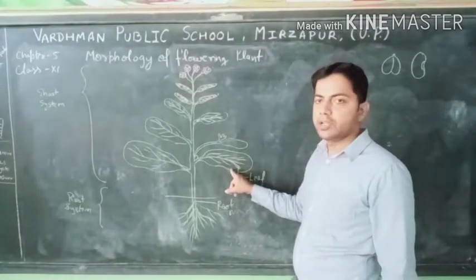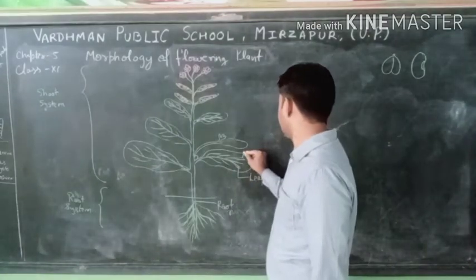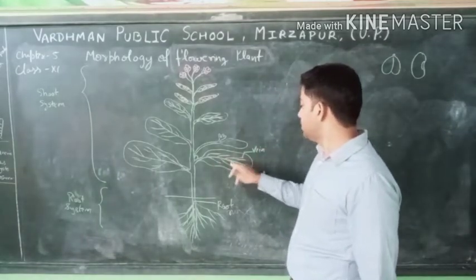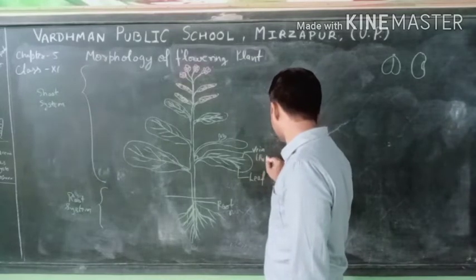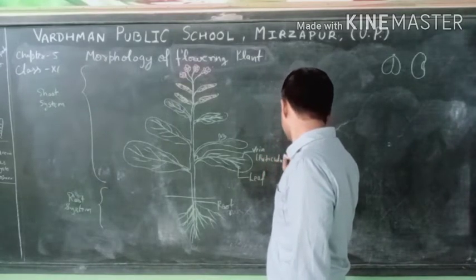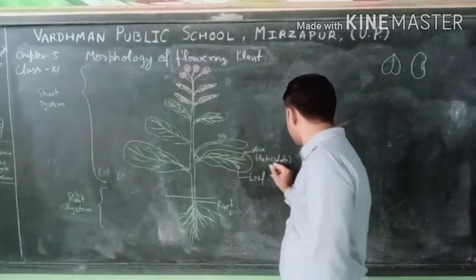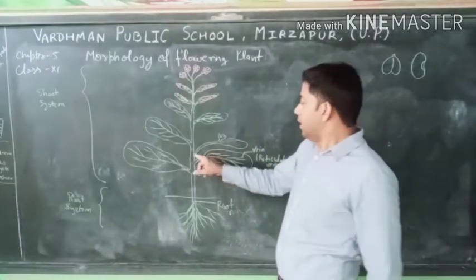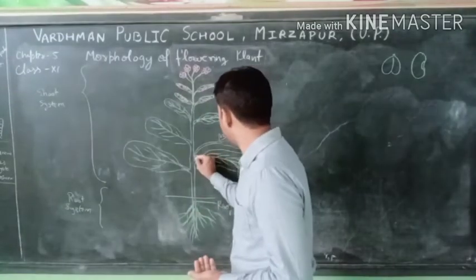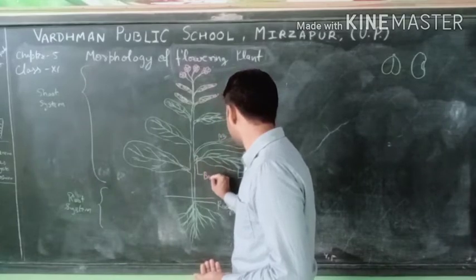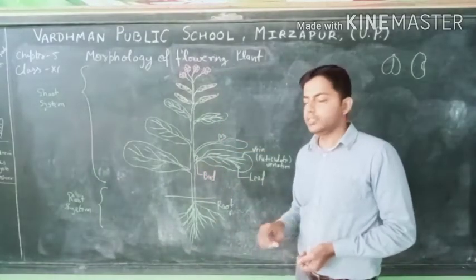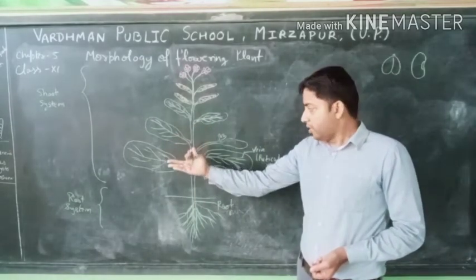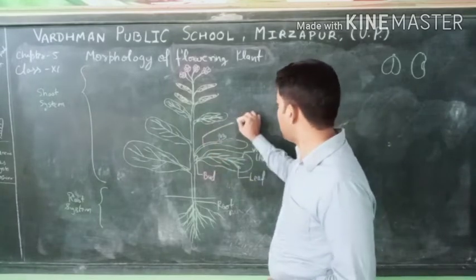The number of veins present is known as venation, and this type of venation is known as reticulate venation. Now, this structure is known as a bud. Buds are the sites that provide the space for the formation of the branches of the stem.